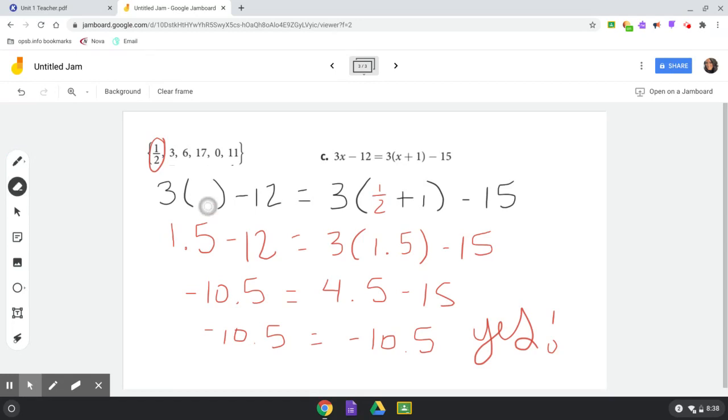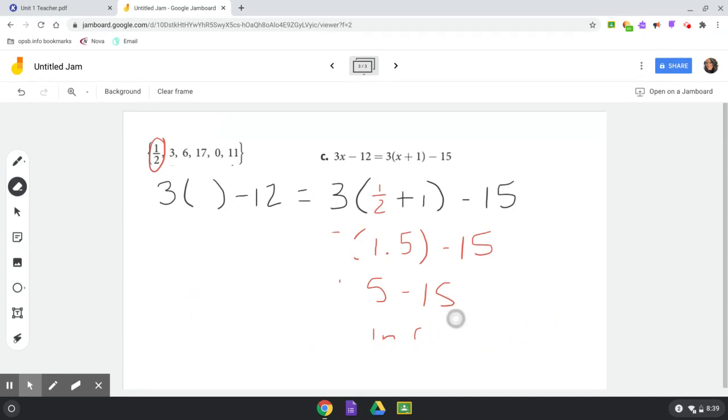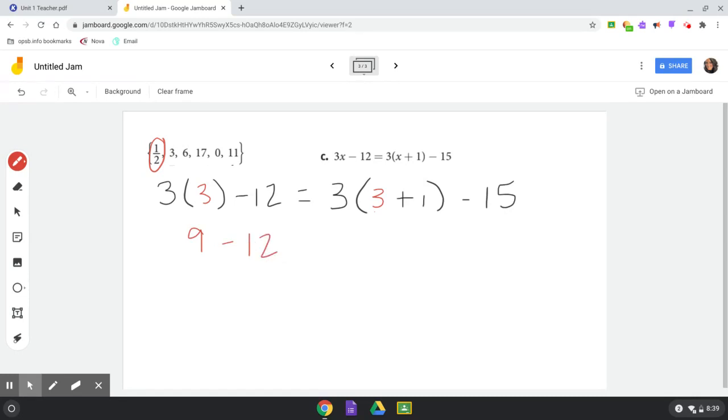All right, let's erase all this and substitute in 3. All right, when I substitute in 3, let's see what happens. I've got 9 minus 12 equals 3 times 4 minus 15. 9 minus 12, you're going to end up with a negative 3.